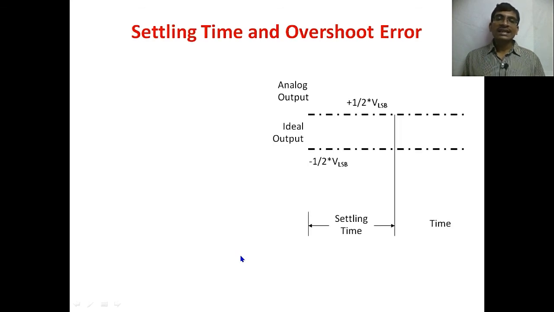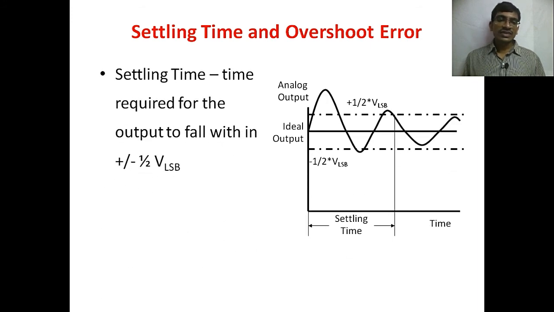Next one is the settling time and overshoot error, the last one. So here if you see, the settling time is required for the output to fall within the plus or minus 1 by 2 LSB variation. So we have already seen it is the time required to settle down to the exact output with plus or minus half LSB variation. This is the ideal output, and this is plus or minus half LSB variation.